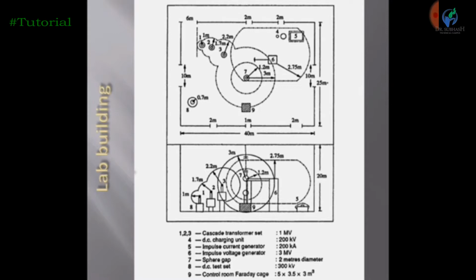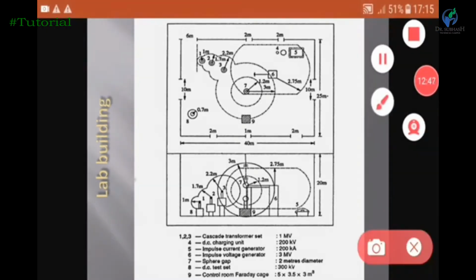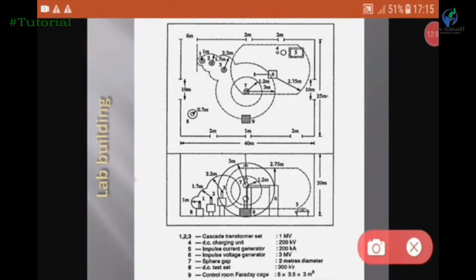Now this is the top view and front view of the high voltage laboratory. Here we can see the dimensions of different equipment. For example, 1, 2 and 3 are the cascaded transformer sets.